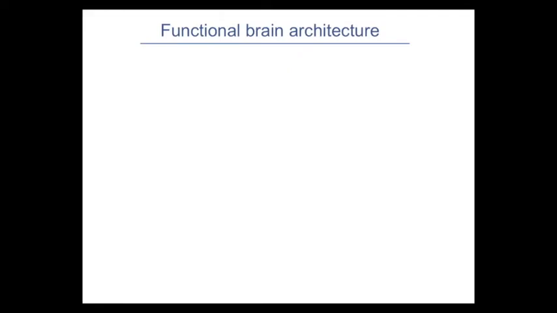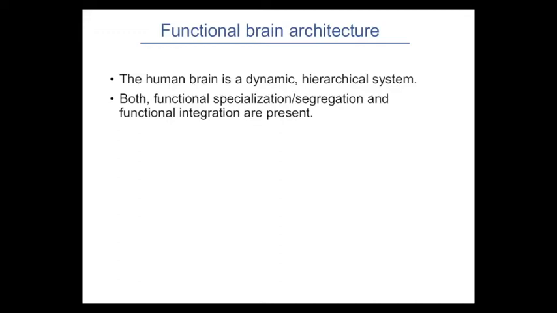Before we start with how to do functional MRI, I just want to quickly elaborate on why we can actually do it, and for that we have to look a little bit into the functional brain architecture. The human brain is a dynamic hierarchical system, and we have both functional specialization or segregation, but also functional integration.